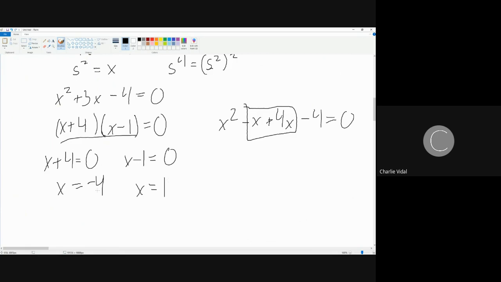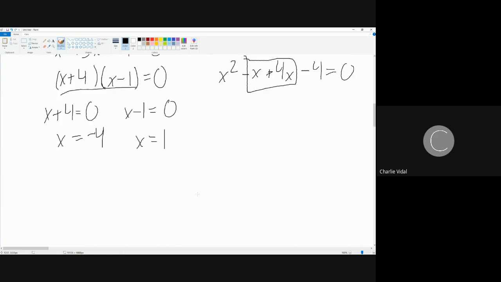So we have both of the x's, x is equal to negative 4 and x is equal to 1. But now we also have s squared is equal to x. So this is equal to s squared, and this is also equal to s squared. So what do we do with that? We just say s squared is equal to -4, s squared is equal to 1.